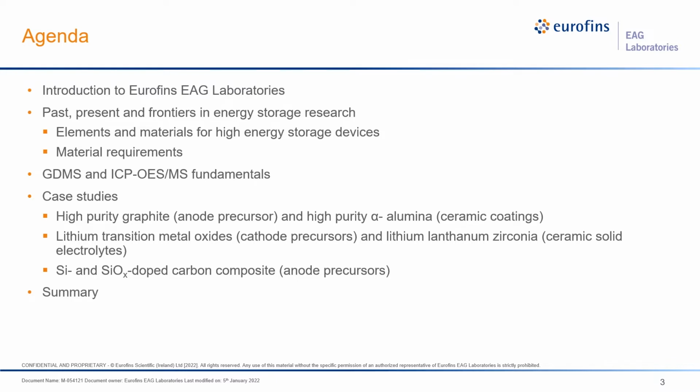Then we will discuss the characterization of next generation anode precursors with higher capacities. Those are silicon or silicon oxide doped carbon composites. And then we will summarize the references and guidelines in terms of analytical technique choice and their capabilities related to production support for those materials.